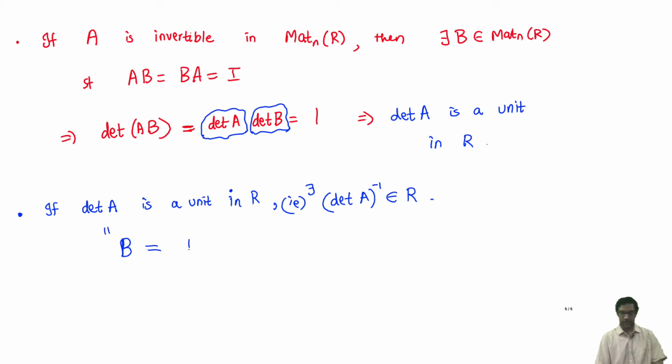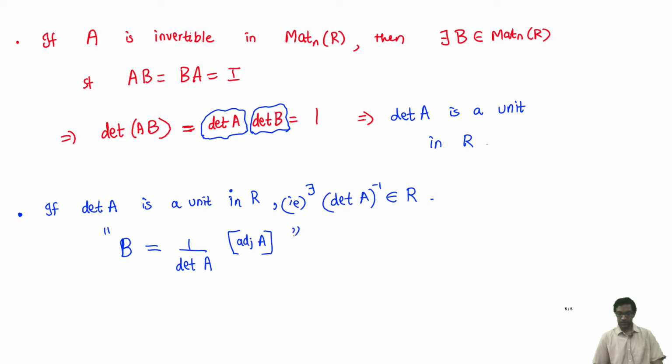Let me put it within brackets: over a field. We would write it like this: 1 by det A times the matrix called adjoint of A, which is the transpose of the cofactor matrix. This is the usual formula.